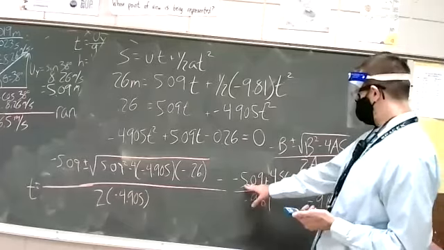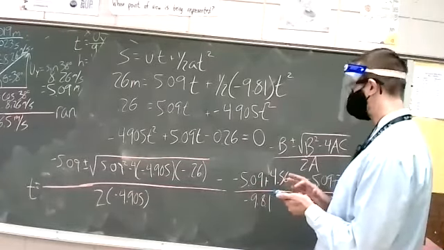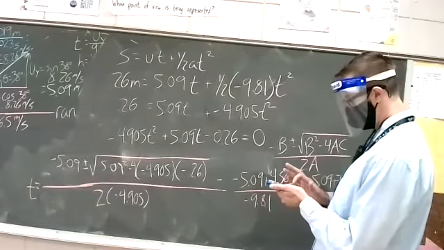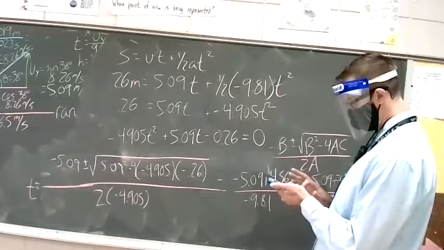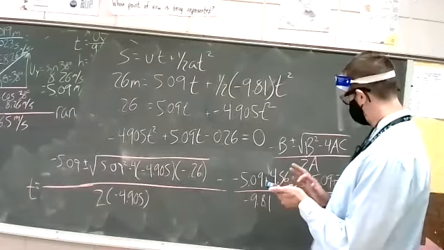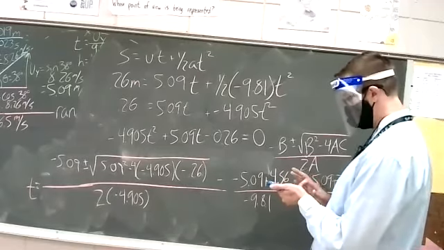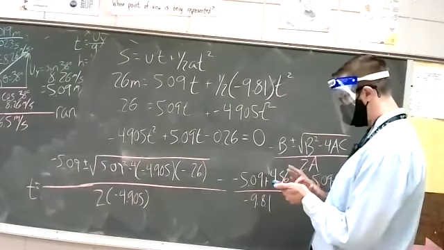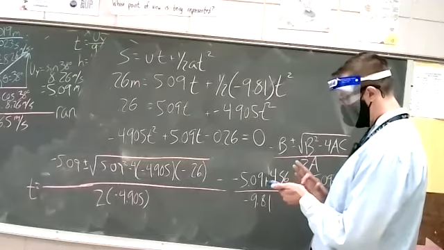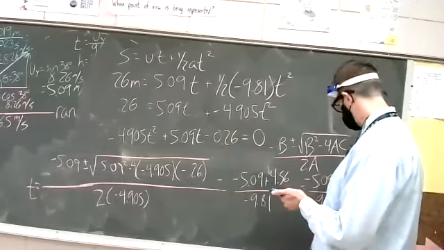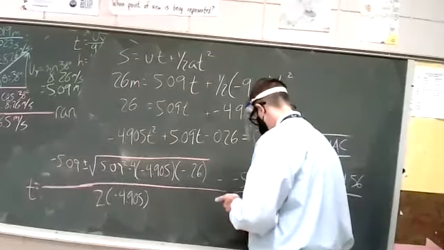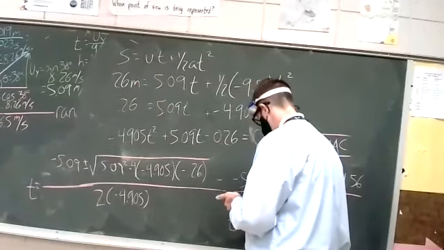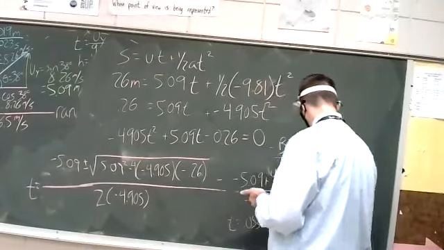So this one here gives you negative 5.09 plus 4.56 is negative 0.53 divided by negative 9.81. So it's t equals 0.05 seconds.